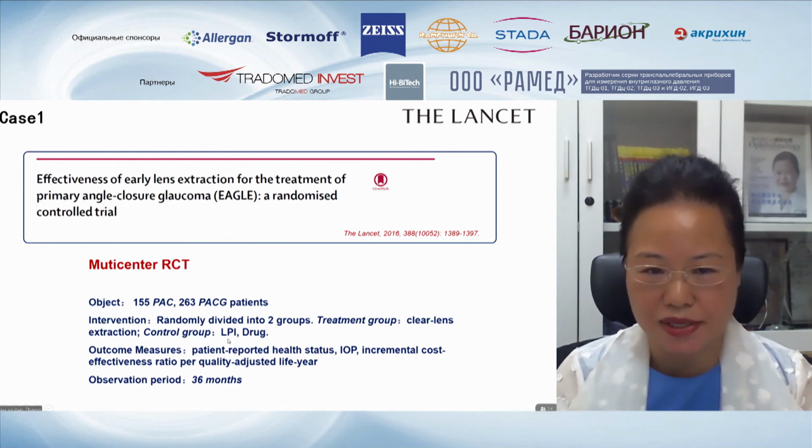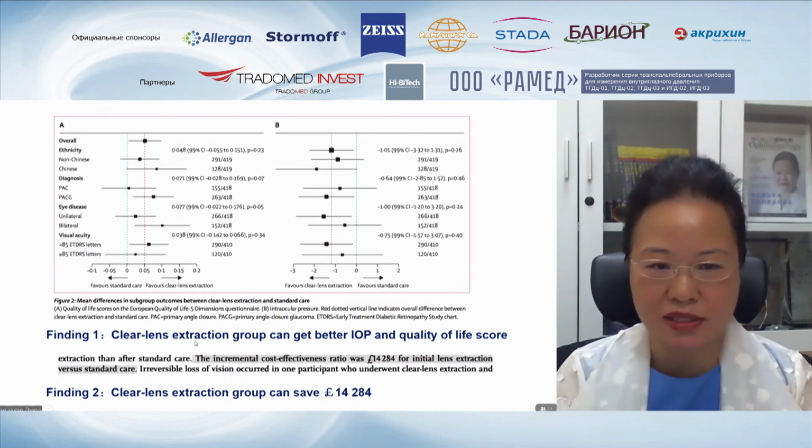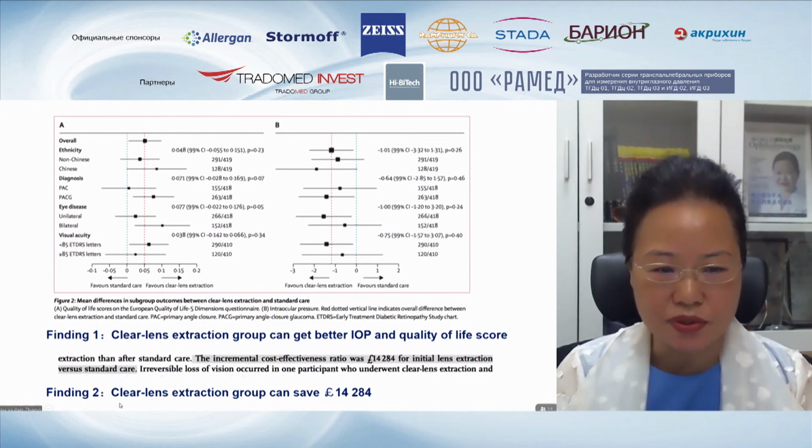The control group is LPI, focusing on PAC and the early stage of PACG. And 36 months later, they found the clear lens extraction group can get better IOP and quality of life scores. Also, they found the clear lens extraction group can save more money.